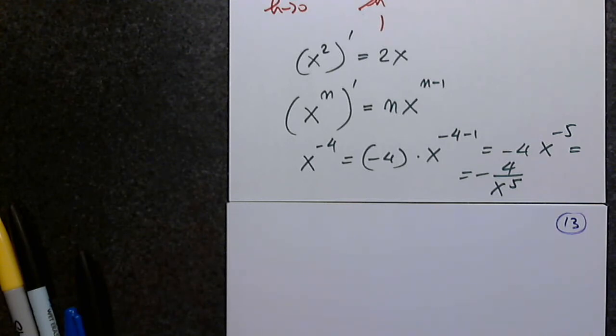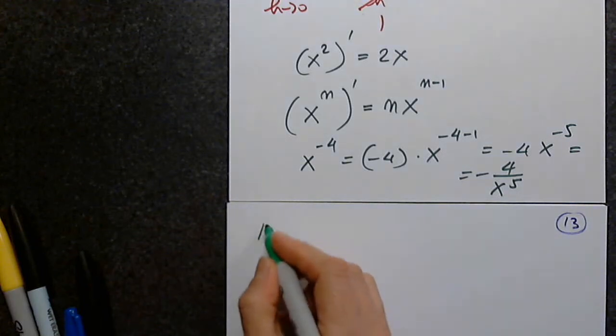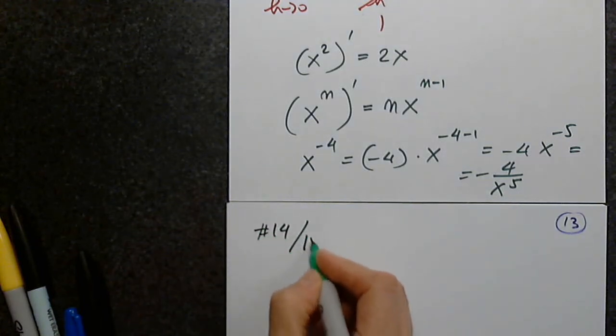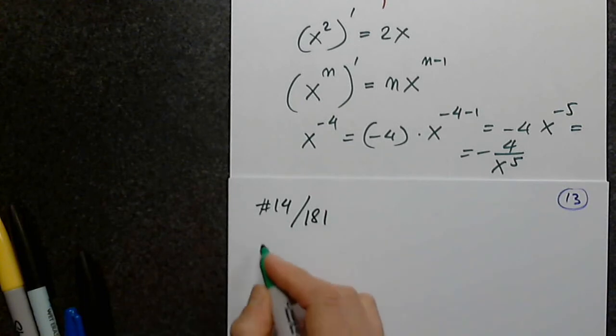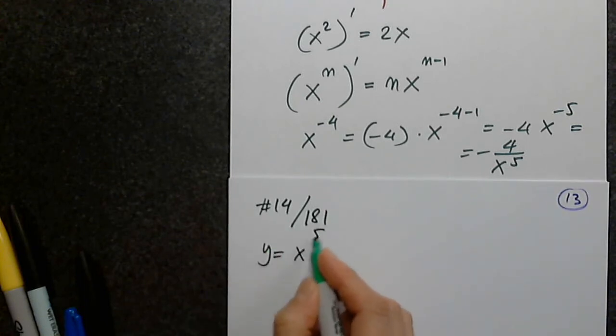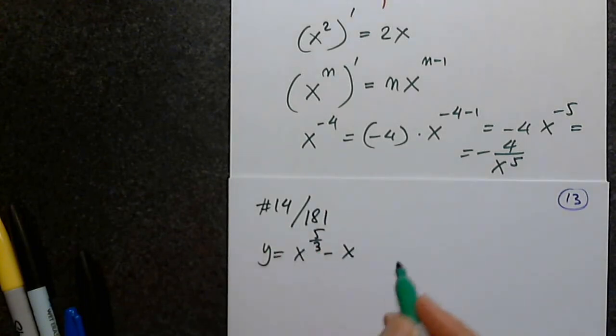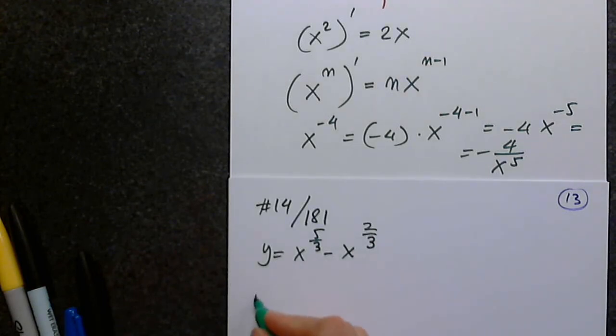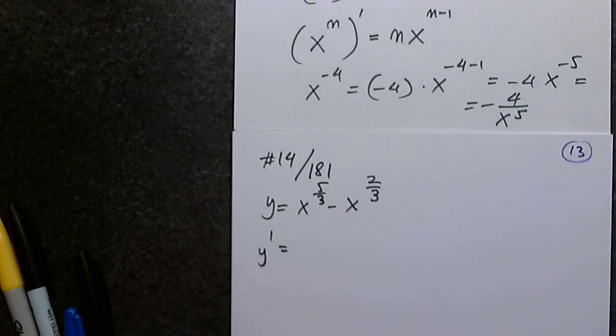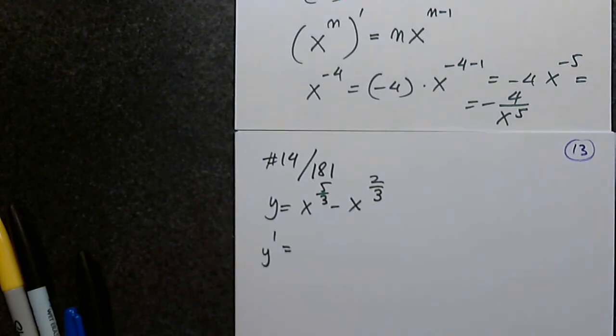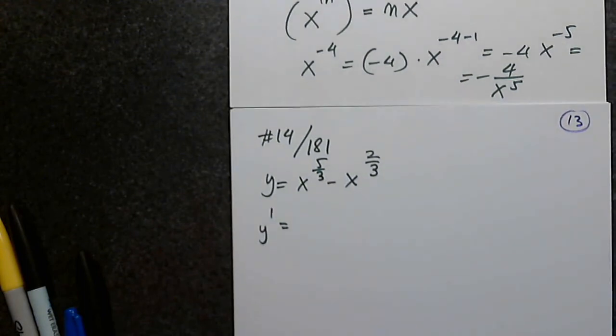Okay, so let's look at number 14 on page 181. y equals x to the 5/3 minus x to the 2/3. Of course, we are asked to find y prime. The only rule we know so far is the power rule. So what do you think we have to do? Just dictate.